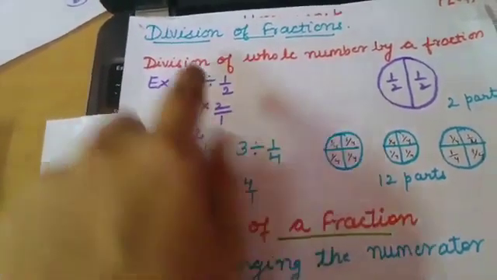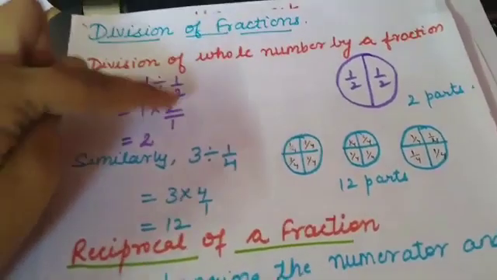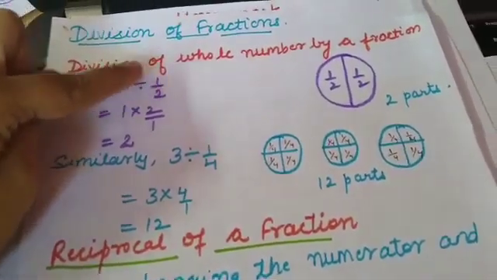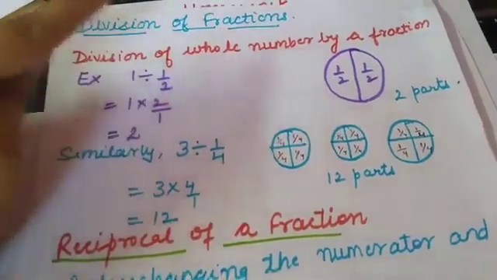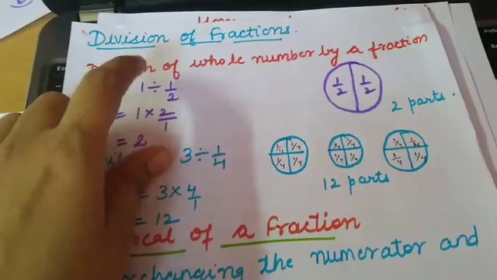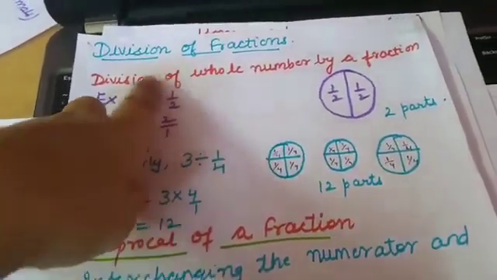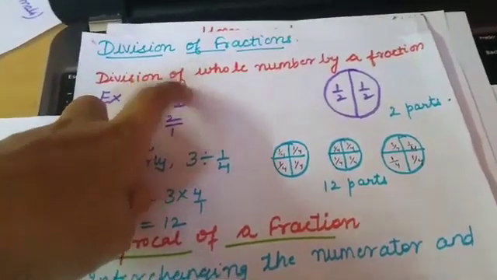And if division is converted into multiplication, then you have to take the reciprocal of the last term. So here we have 1 divided by 1 by 2. First I have to convert this division into multiplication. For that you have to take the reciprocal of this.